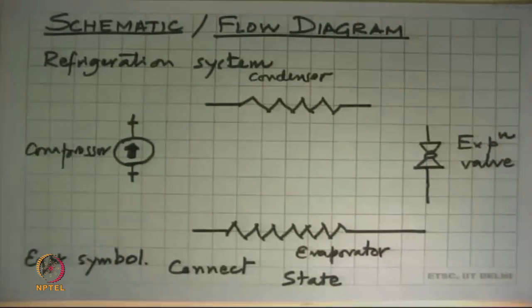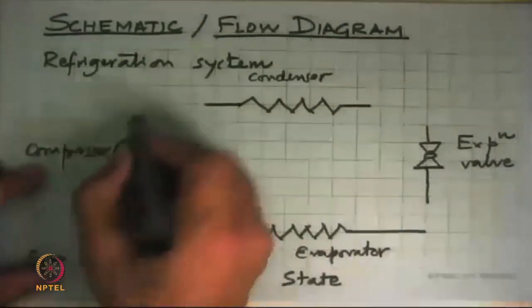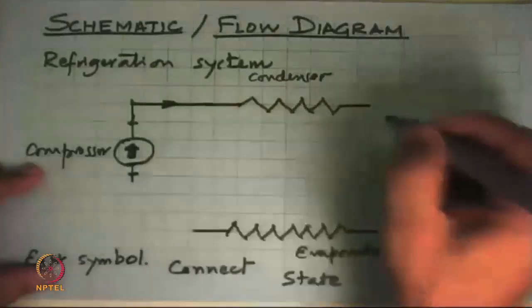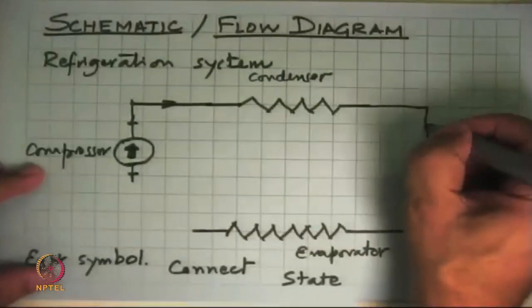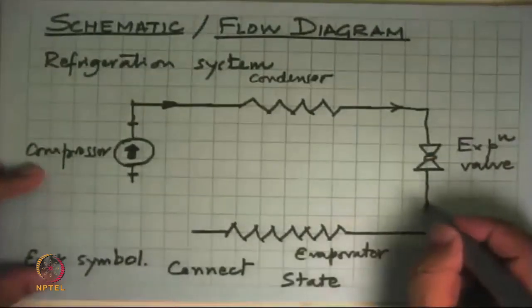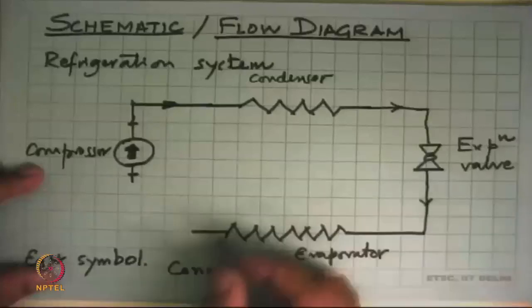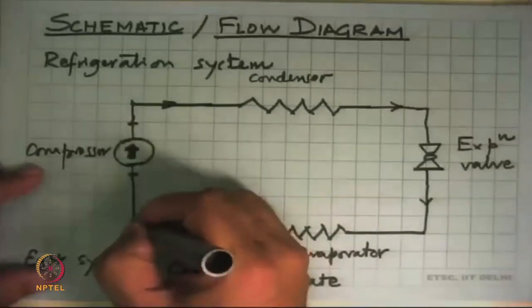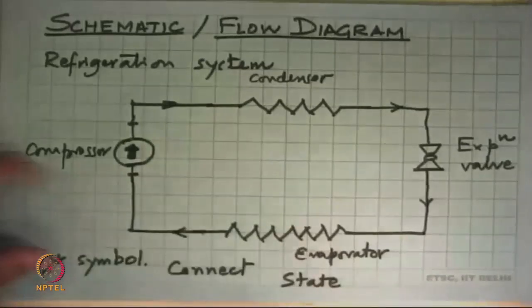To complete the cycle, we say that this will be connected to this in this manner. The outlet of the condenser will be connected to the expansion valve. The outlet of the expansion valve will lead to the evaporator, and from the evaporator we send it back to the compressor.